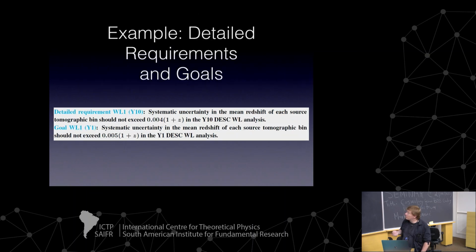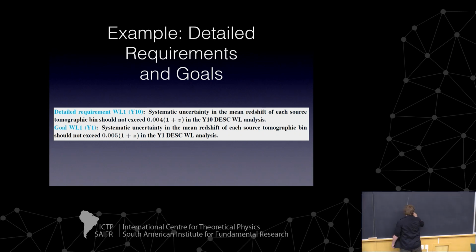Let's have a look at a detailed requirement. If you parameterize your redshift uncertainty, say we have this z, dn/dz, and we have this nice redshift histogram.